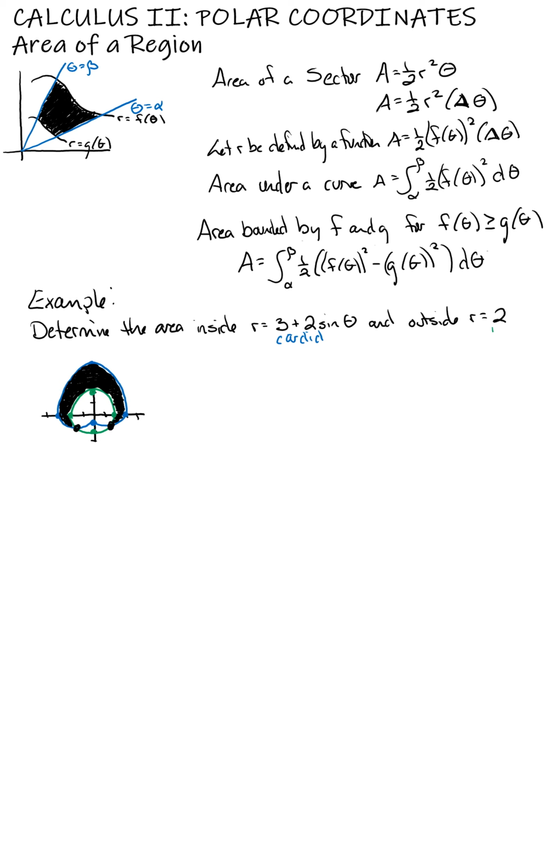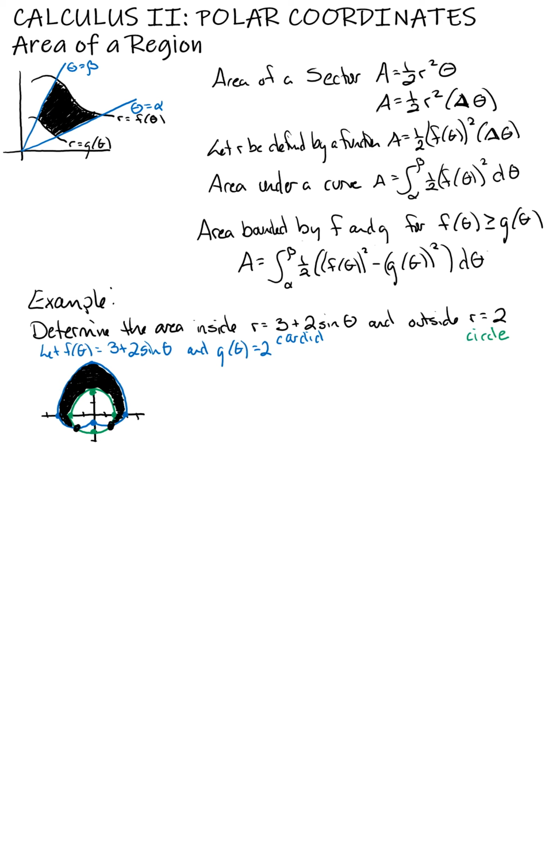And then r equal to 2, that is a circle, graphed here in green. I will begin by letting f of theta equal the cardioid, 3 plus 2 sine theta, and g of theta, the smaller one, be that circle, 2.